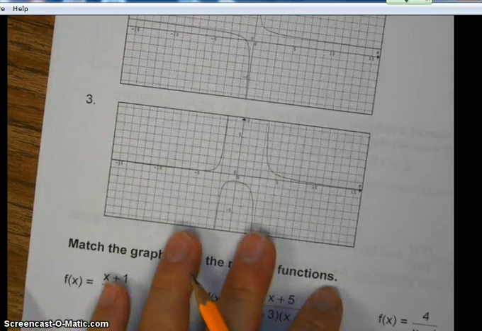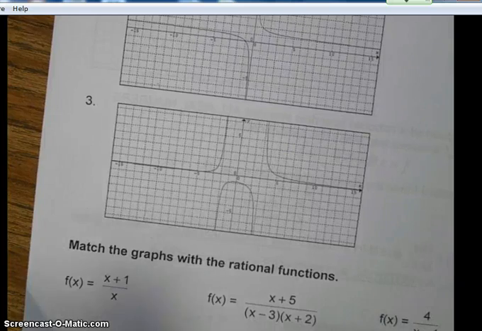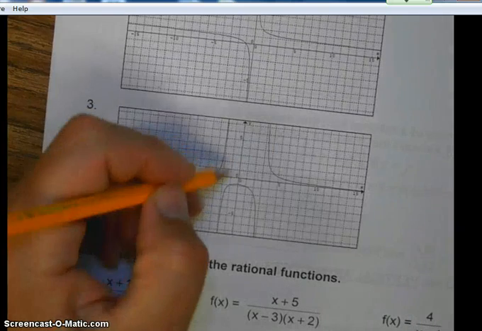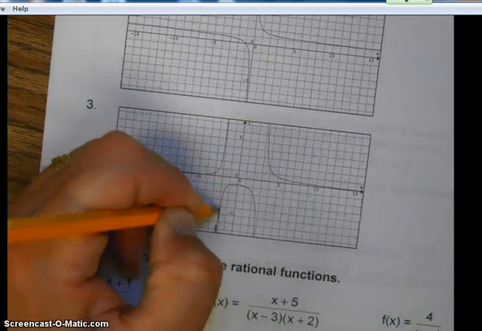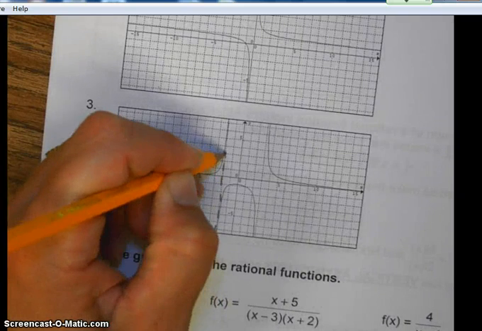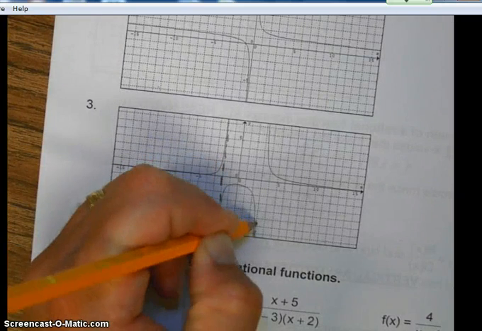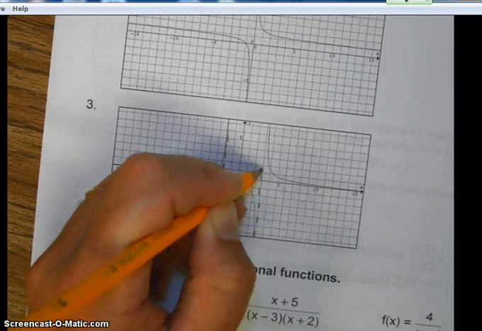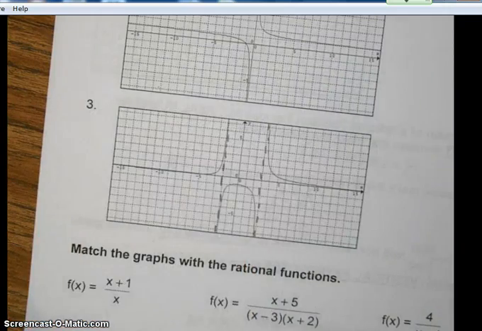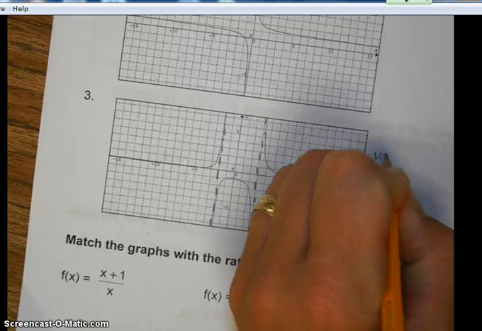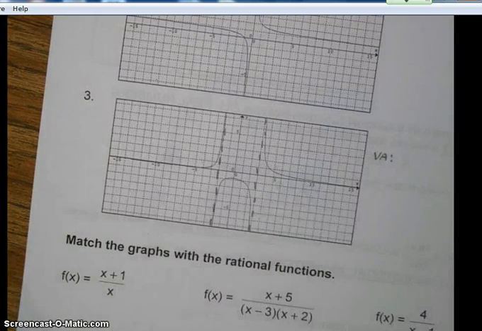Number 3, notice we have 2 breaks. We have a break here in the graph, and we have another one here. So for our vertical asymptotes, there's going to be more than one.